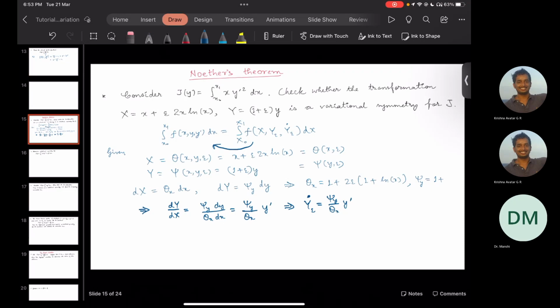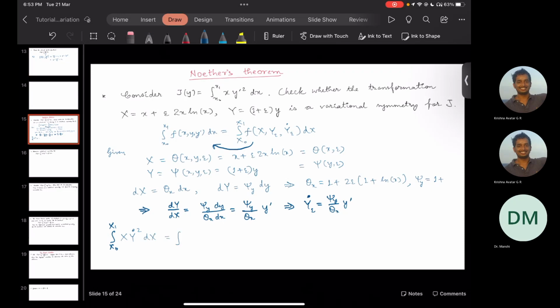Okay, so let me start with the integral from capital X naught to capital X1 of f of capital X, and I'll just write the expression here. The integrand will be capital X times Y prime squared.